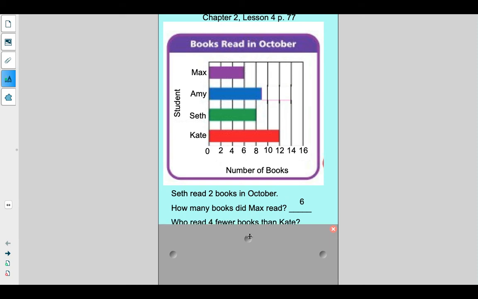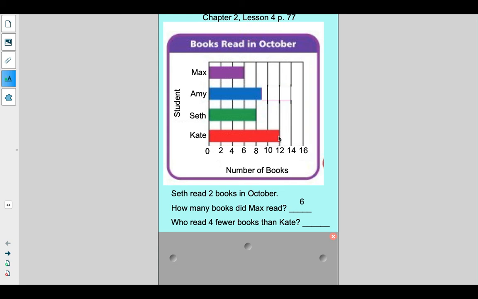Okay, let's check the next one. Ooh, this one we're getting creative. Who read 4 fewer books than Kate? All right, so Kate read the most books. She read 12. Who read 4 fewer books? All right, so you should be thinking, maybe you're doing 12 minus 4, or maybe you just hop back 1 row to 10, or 1 segment, I guess, and then another one because 2 plus 2 makes 4.